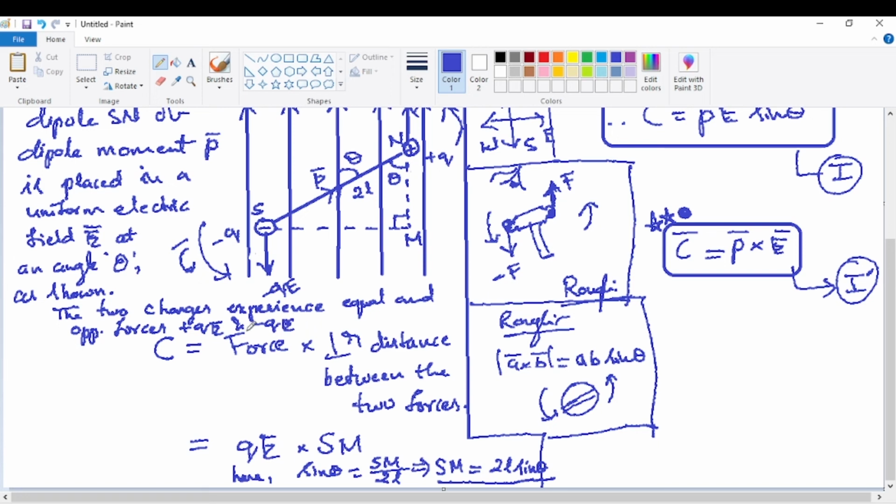What is this equal and opposite forces called as? That is a couple. So this is a very simple line but very important.